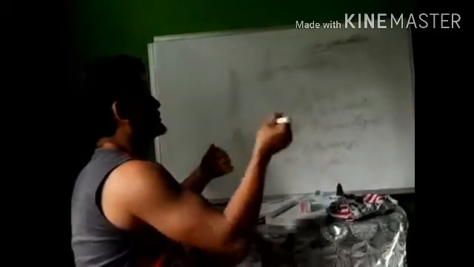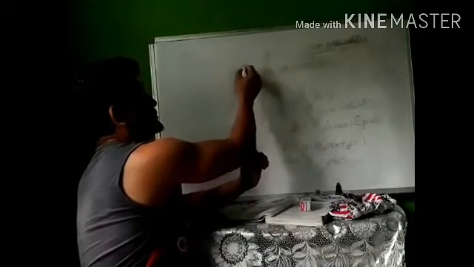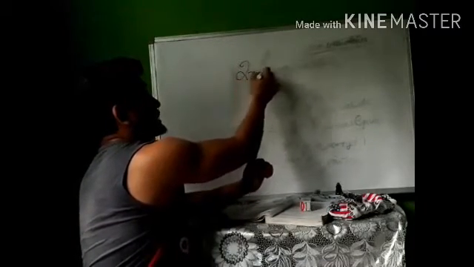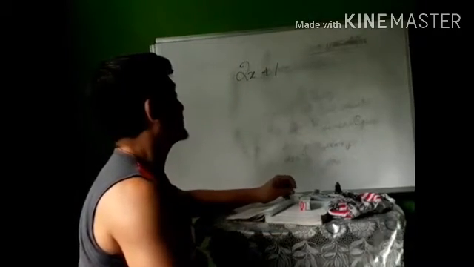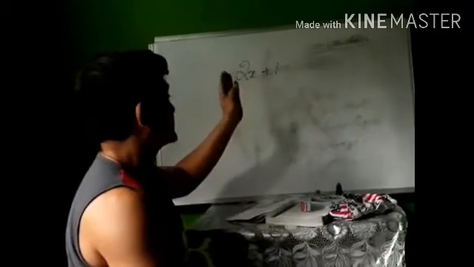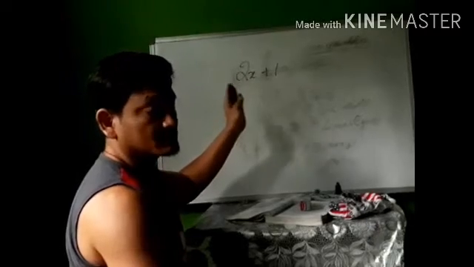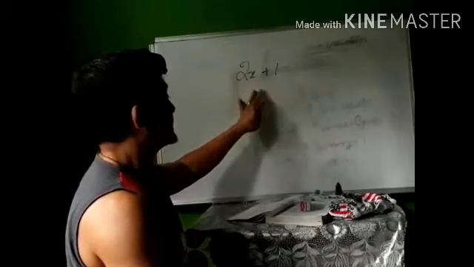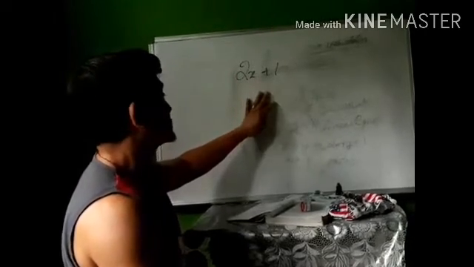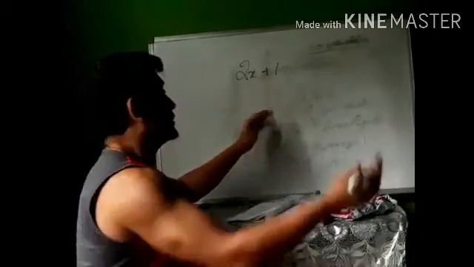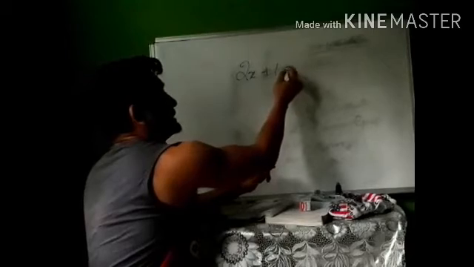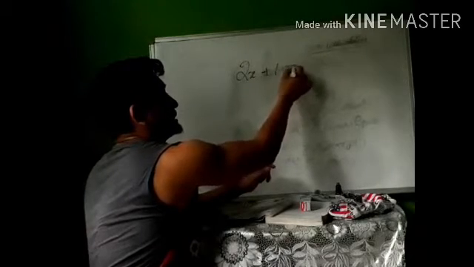Like this. If you're talking about a polynomial, we can just write 2x plus 1. This is a linear polynomial, though it looks like a linear equation, but it is a polynomial. 2x plus 1 is a polynomial. If you want to make it an equation, all you have to do is add an equal sign here.